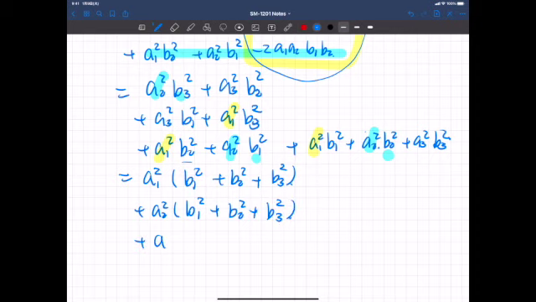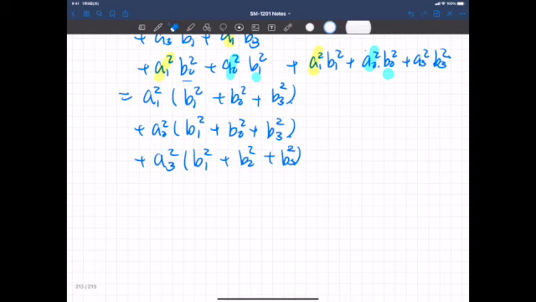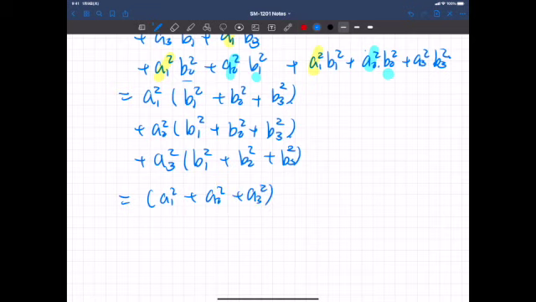And the remaining terms are a3 squared times the same factor. So that's factorized as a1 squared plus a2 squared plus a3 squared, times b1 squared plus b2 squared plus b3 squared.